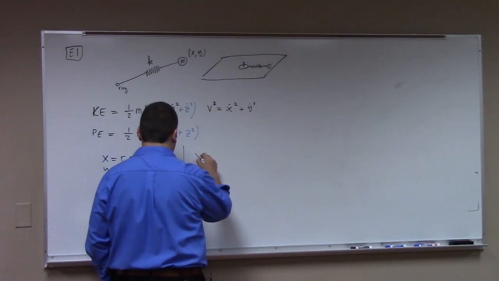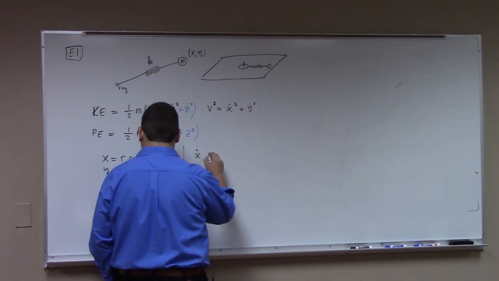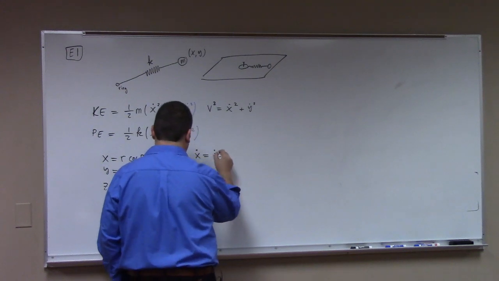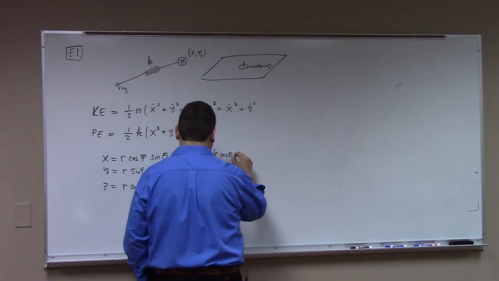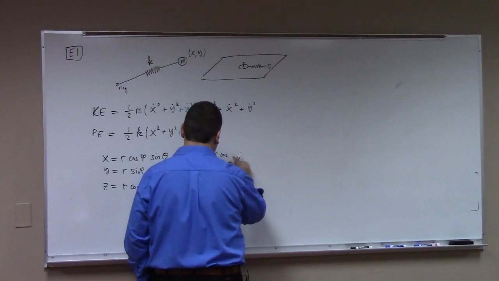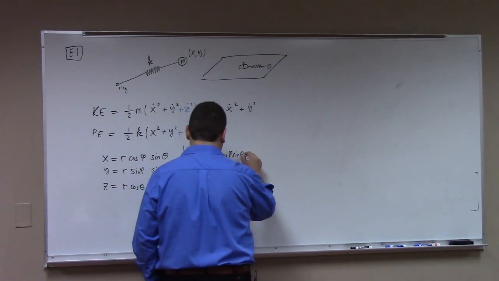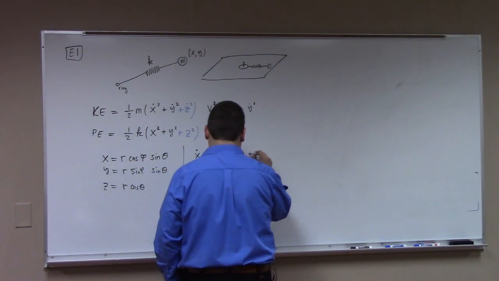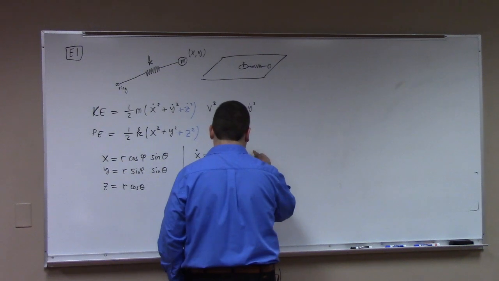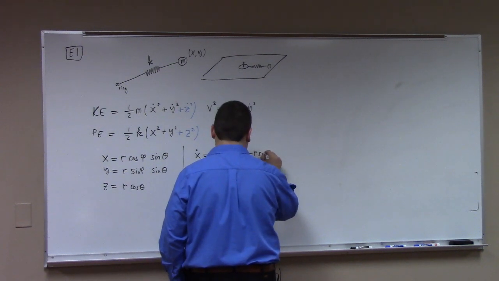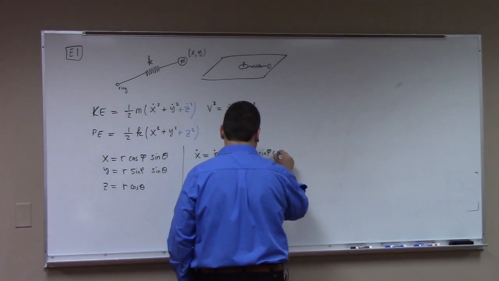x dot would be r dot cosine phi sine theta plus r, well, minus r... Man, I really don't want to do this right now.